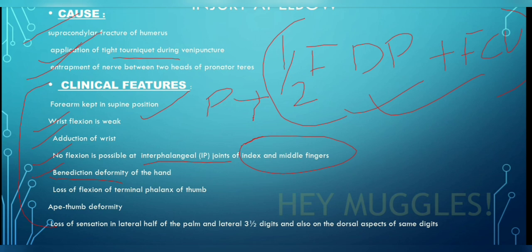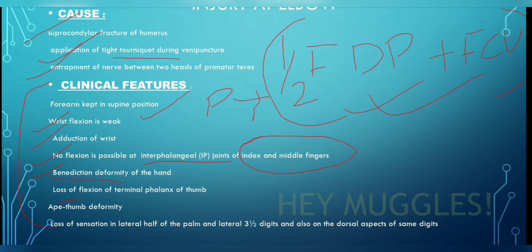So whenever the patient tries to make a fist, there would be no flexion at the interphalangeal joints of these fingers, the middle and index finger, and as a result there would be benediction deformity, because there would be paralysis of superficial and deep flexors of middle and index finger, right?